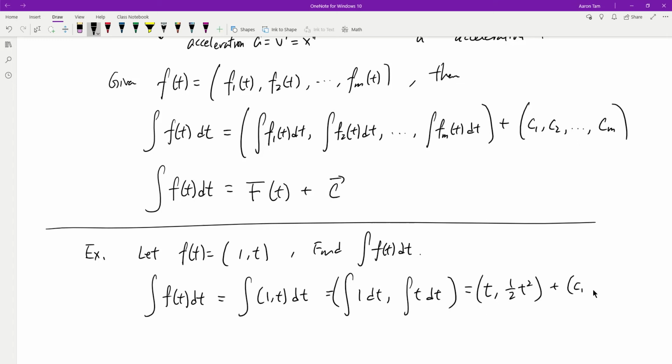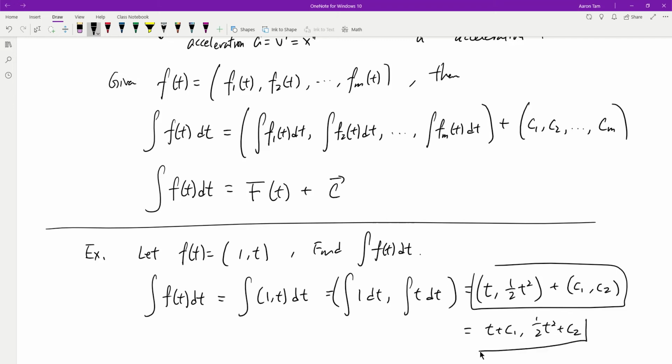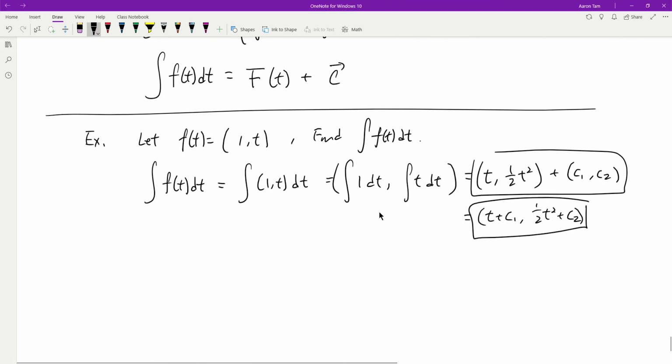That will be 1/2 t squared. And of course, I will have a c1, c2 attached to it. Now, you could also write it this way, by combining the two vectors together. Either way is okay.